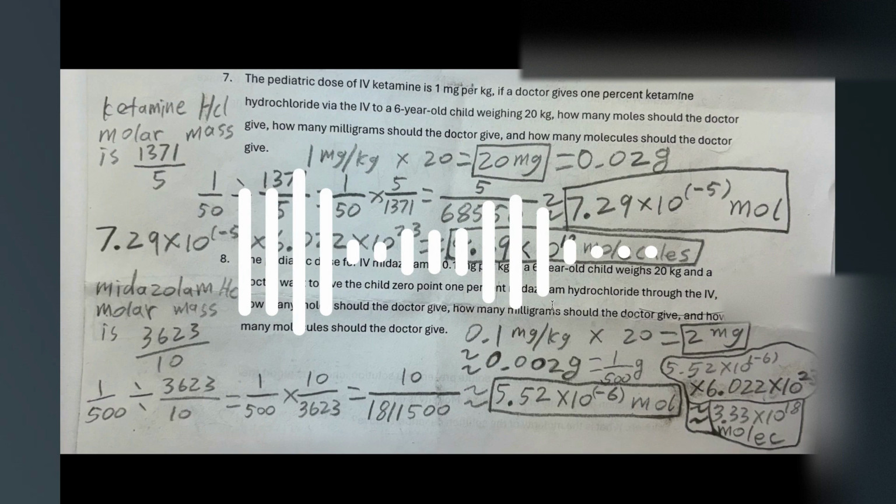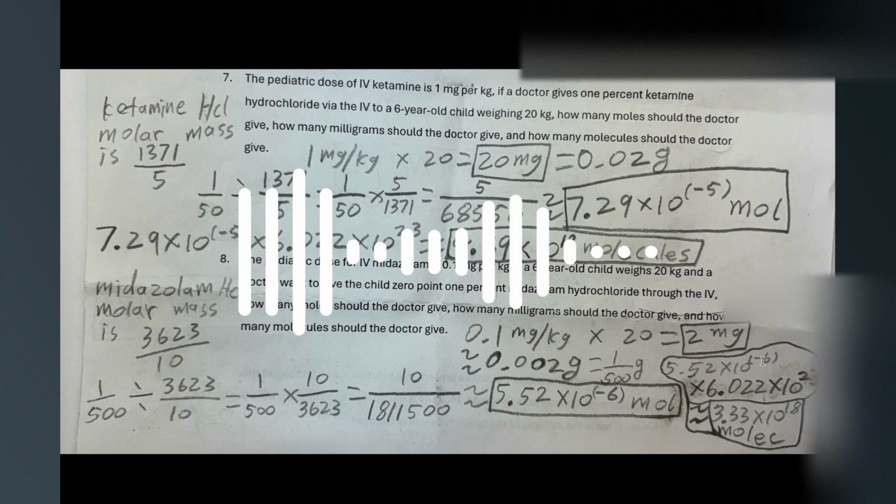And to calculate how many midazolam molecules they're giving, multiply this by Avogadro's number. 5.52 times 6.022 is about 33.3, times 10 to the power of 23. This is a 10 to the power of 23 here, and this is a 10 to the power of negative 6.